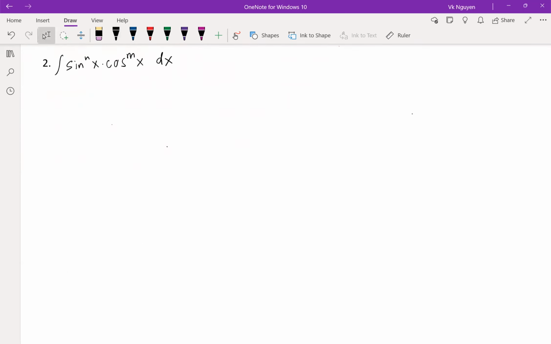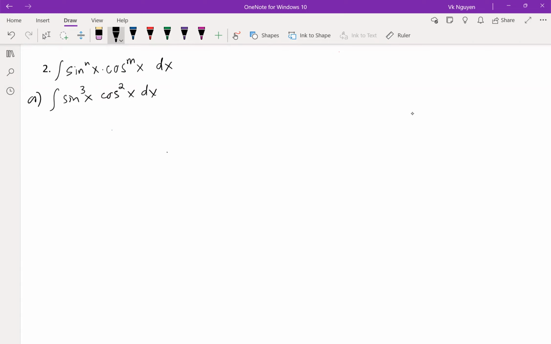Number 2, integrate the form sine x to the n multiplied by cosine x to the m dx. Let's take a look at an example. A, integral of sine cubed x cosine squared x dx.